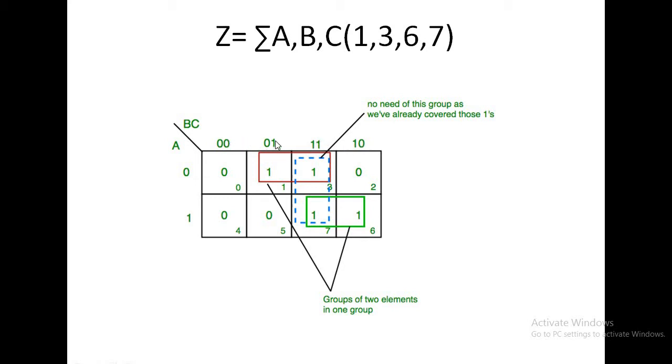So 000 is 0, 001 is 1, 011 is 3, 010 is 2, 100 is 4, 101 is 5, 111 is 7, 110 is 6. Next, what are the numbers here? 1, 3, 6, 7.